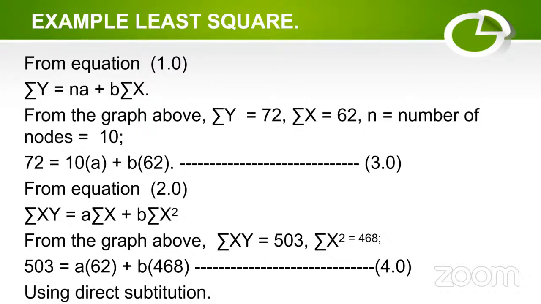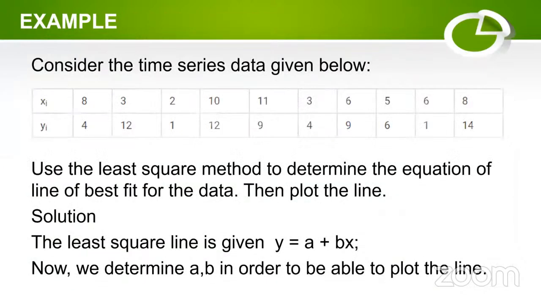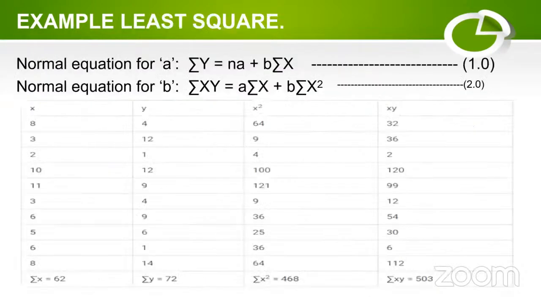Yes, sir. How did you generate all these values for x and values for y? So it's given from this time series data. These are the data for our x, these are the data for our y. We just put it in a table to be able to solve. This is the value of all x squared.